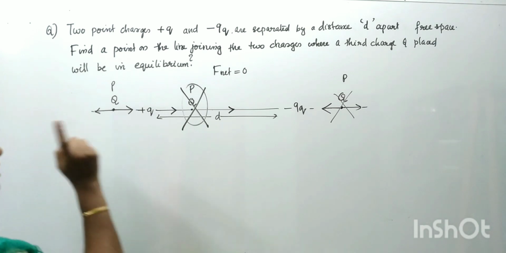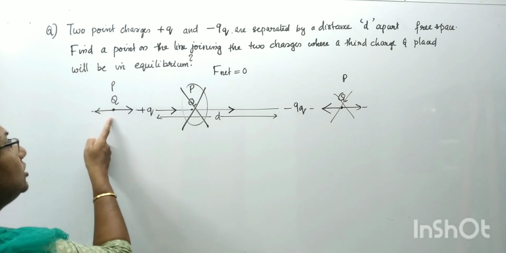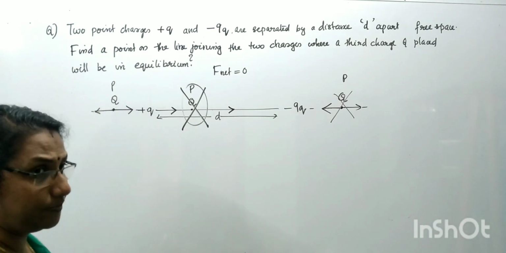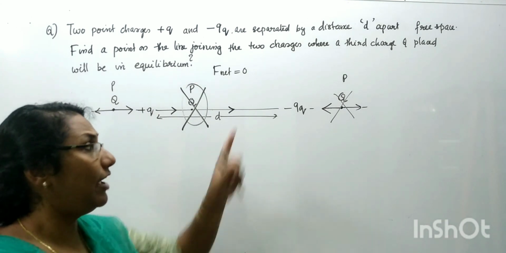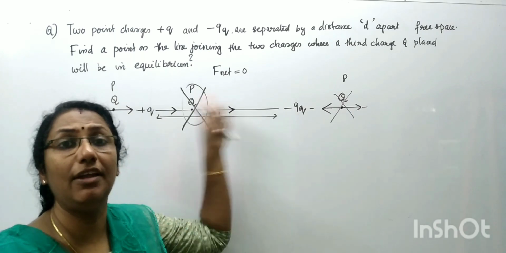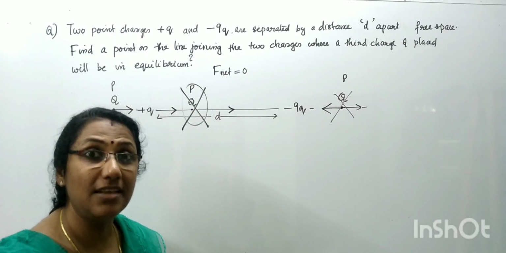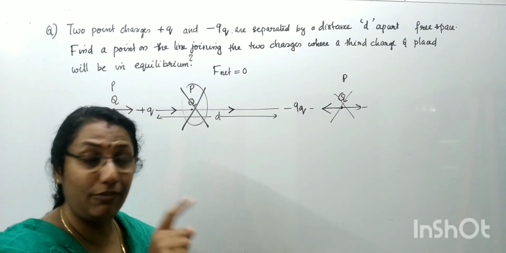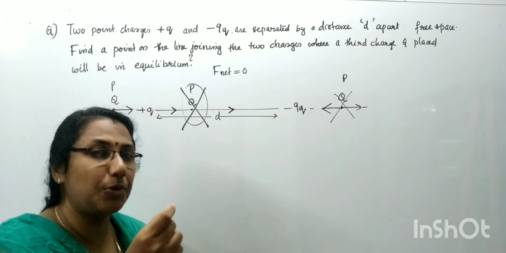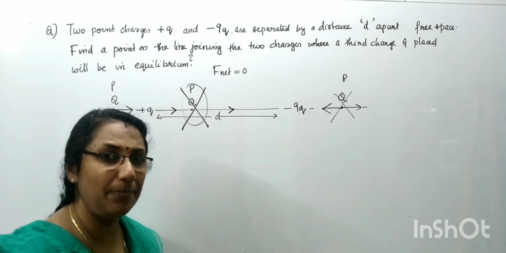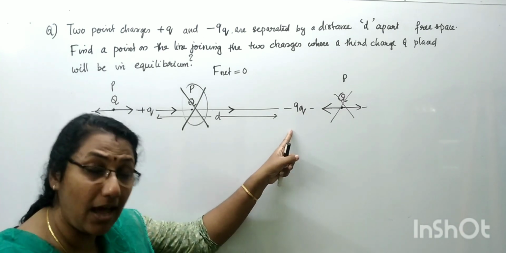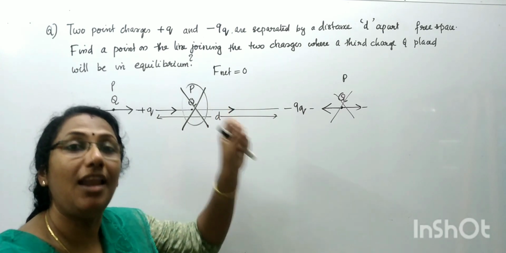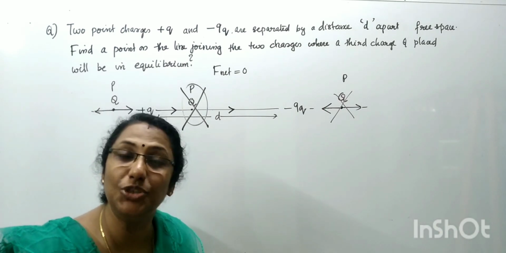Now, if we consider the point P nearer to plus q, what happens? The smaller charge is nearby, whereas the larger charge is far away from the capital Q. So there is a possibility. The smaller charge produces a small force from nearby, and the large charge produces less force from a large distance.